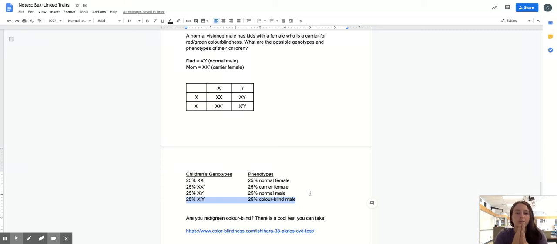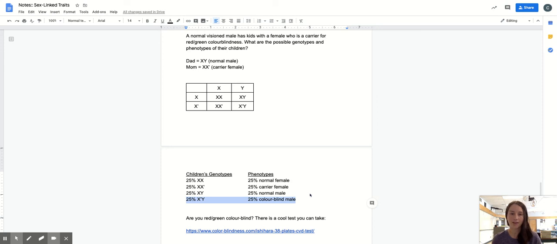All right, so what I want you guys to take away from this is it's actually more likely for males to have or to inherit conditions that are on the X chromosome. So sex-linked conditions are more likely to appear in males. More males have red-green color blindness than females.